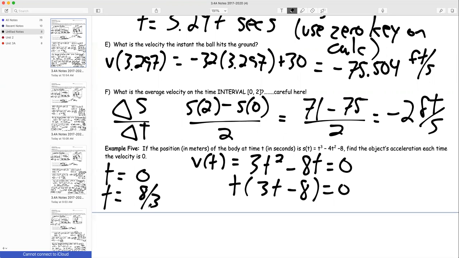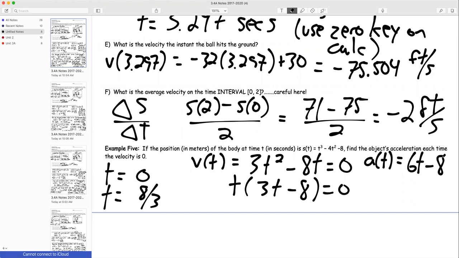That's the first part of the question. The second part says to find the object's acceleration at each of those times. Okay, so now I need A of t, and A of t is going to be the derivative of the velocity. So 6t minus 8 is my acceleration equation.